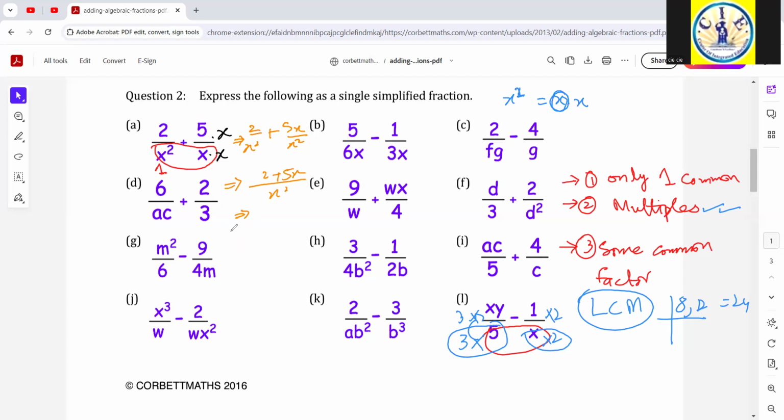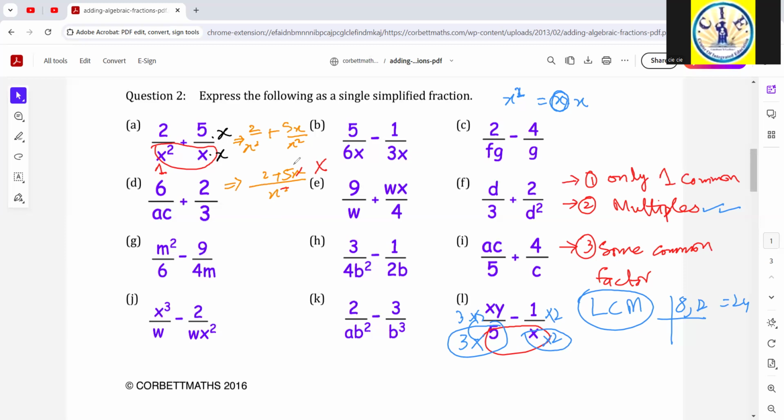So there is no further simplification. That's why this is going to be the answer. There is a common mistake that most students make. They just cancel this x with x square. That is a wrong practice, because you cannot cancel them like this.